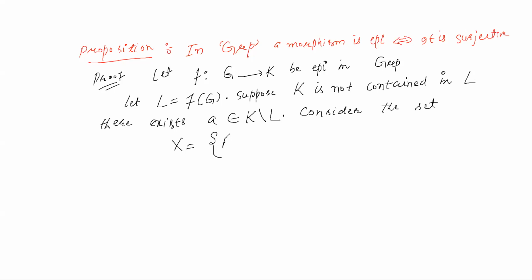So it is a set consisting of cosets. You can say kL such that k in K, union the singleton {a}.